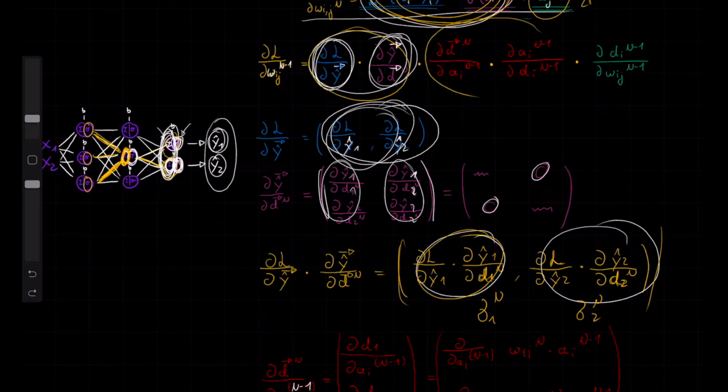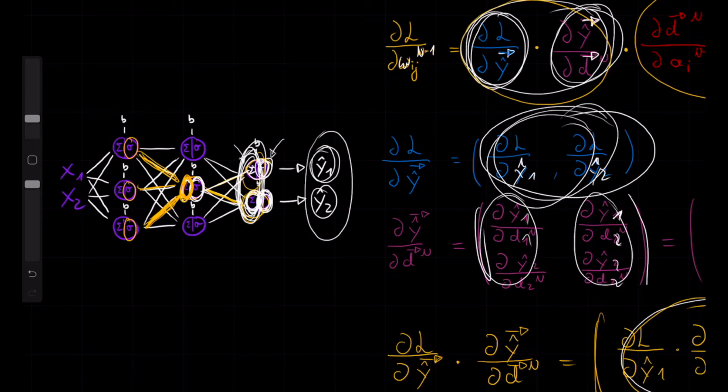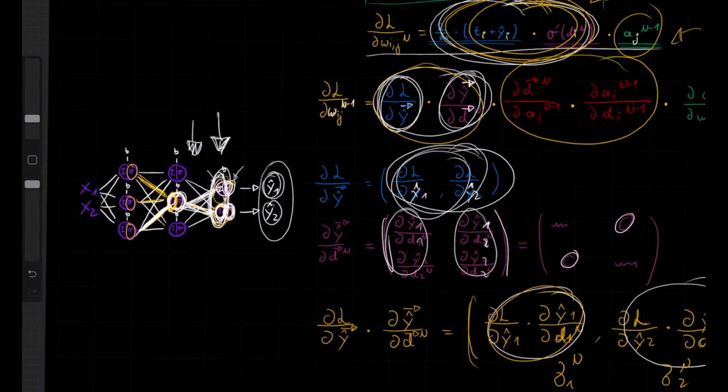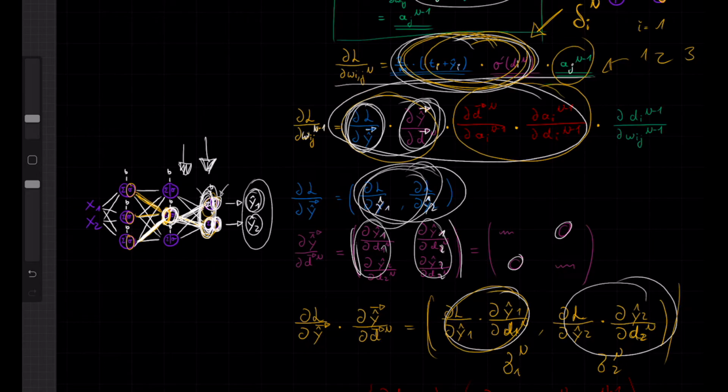And what we're doing here is we multiply with the weights that connect to the neuron that we are considering. So we are in the n-1th layer. So if we consider this weight here, then we consider this neuron. And then we will multiply with these 2 weights here. So error signals of this layer here are multiplied with these 2 weights here. And that gives us then this big part here.